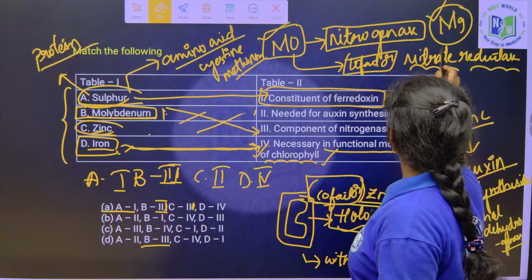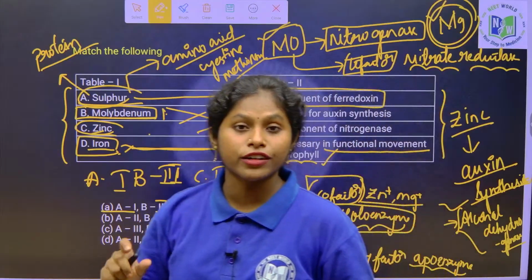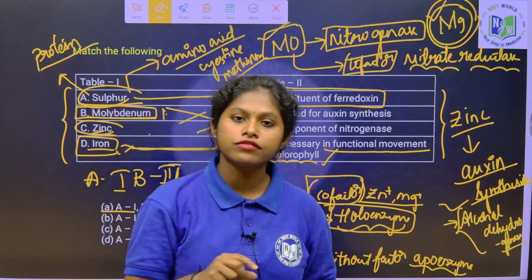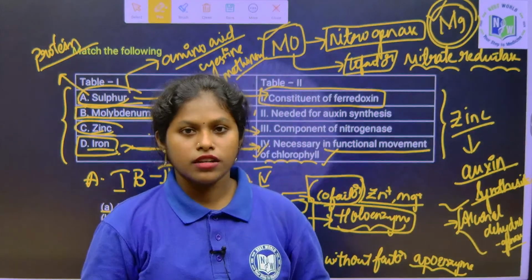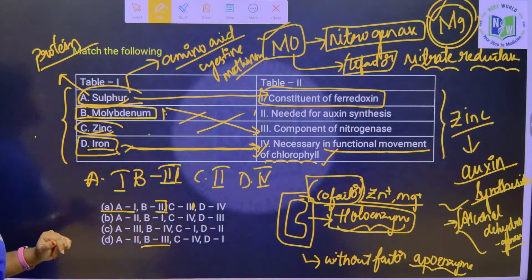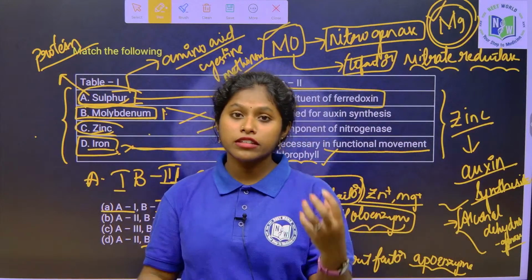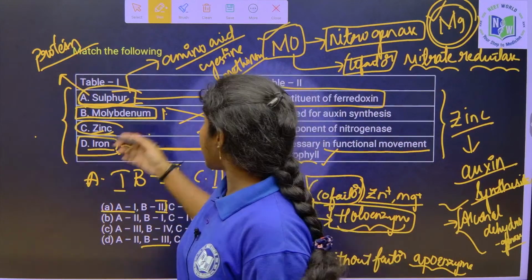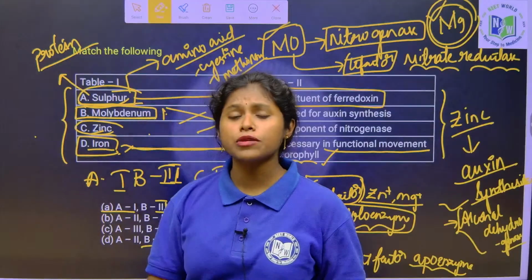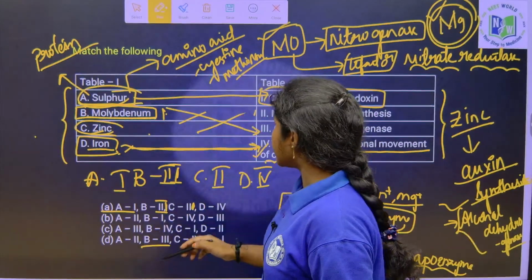And magnesium is also one of the main elements, present as the central metal ion of the chlorophyll structure, right? So this is very important, students. And coming to sulfur, it is also a main constituent of amino acids like cysteine and methionine, and also many vitamins like biotin, thiamine, and all that. So these are the main elements.